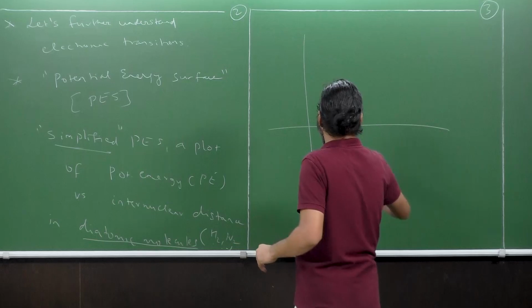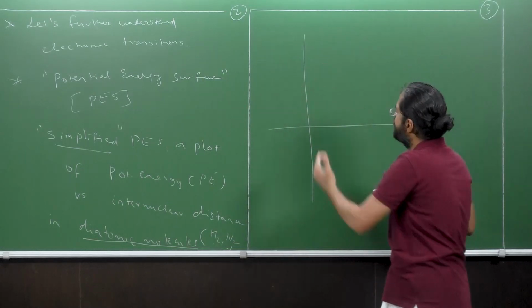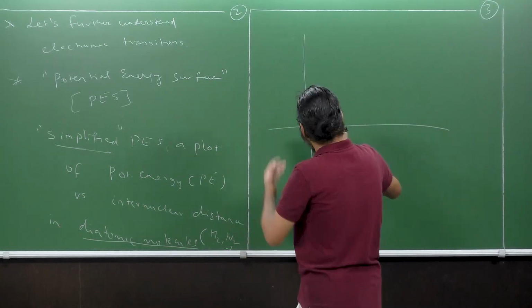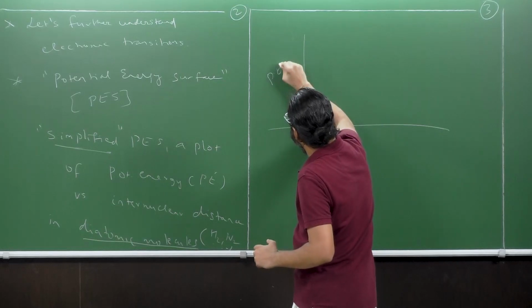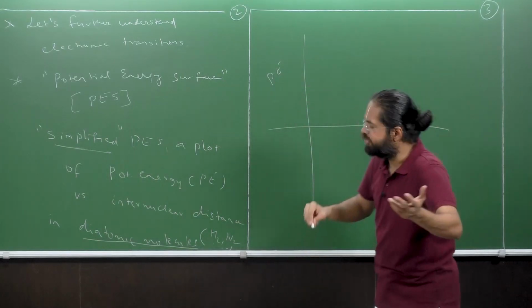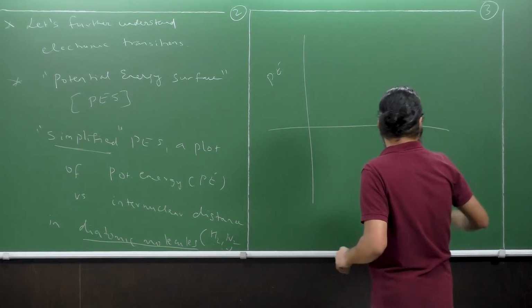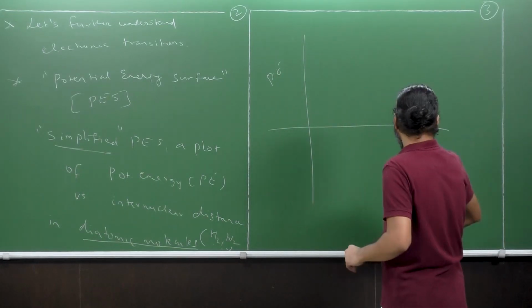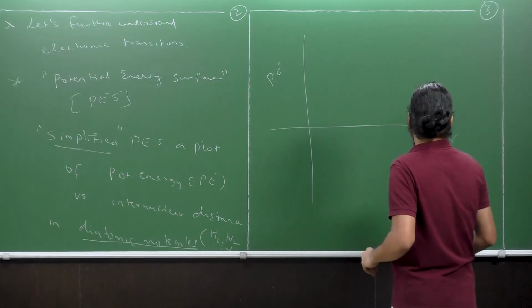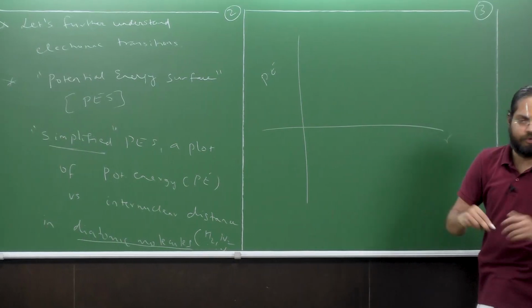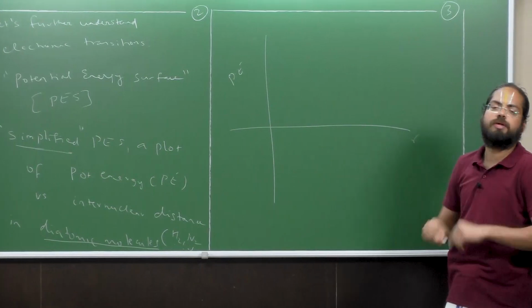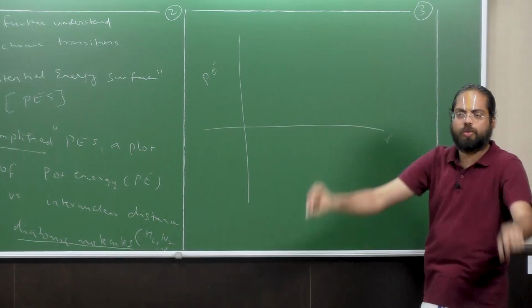On the vertical axis, which is conventionally the y-axis, we're going to be plotting the potential energy in some energy units. The exact units don't matter for our purpose. And on the x-axis, we're going to have the internuclear distance, that is the distance between the centers of the nuclei of the two atoms.